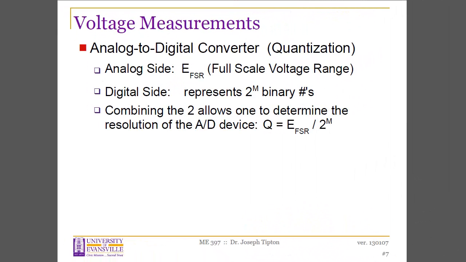The process of quantization, of turning an analog voltage into discrete digital information, is a lot like using a ruler to make a length measurement. And I'll use a picture here to show you what I mean. Let's draw a crude rectangle to represent our ruler. Okay, so that's our analog to digital conversion device. And let's say there's some sort of length that I want to measure, or a voltage in this case.